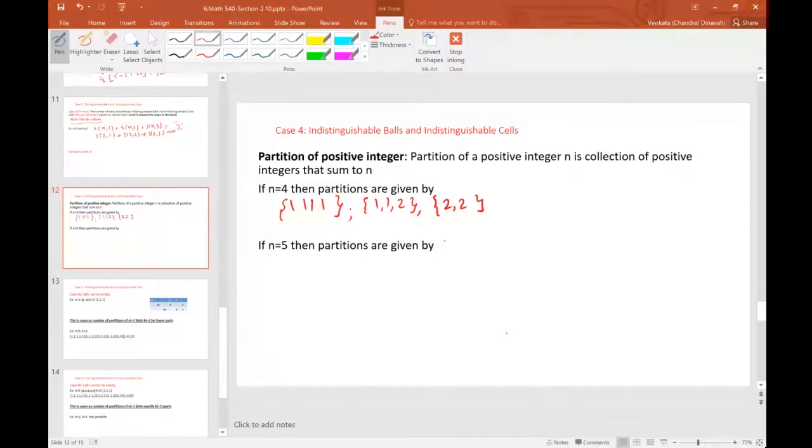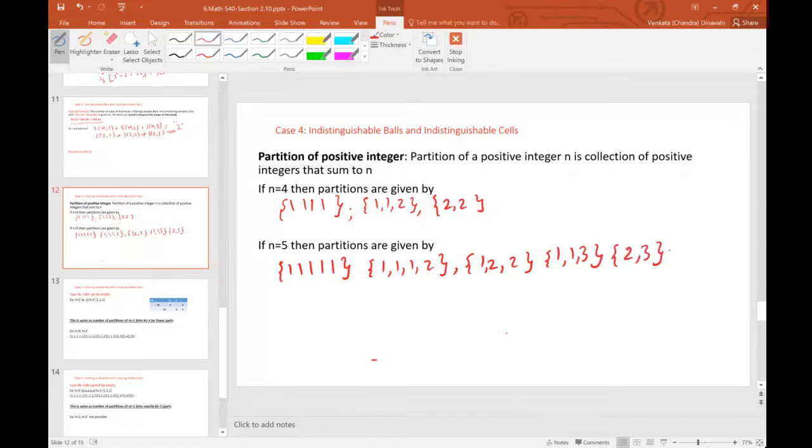For example, when n equals 5, these are all different partitions of 5. I can break it into 5 ones, or 1, 1, 1, 2, or 1, 2, 2, or 1, 1, 3, or 2 comma 3, or 1 comma 4, or I can simply put 5 here. Of course, with the same logic I can put 4 there.